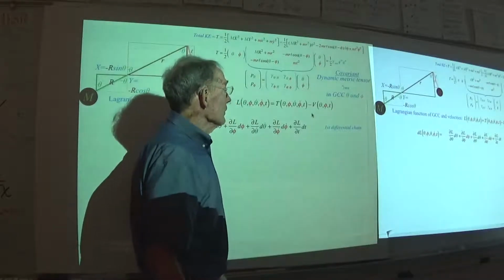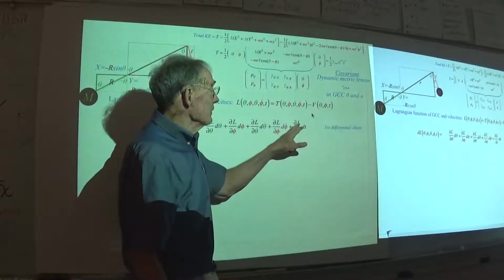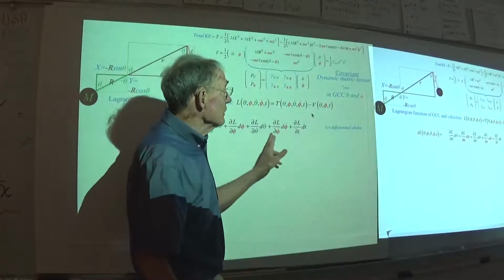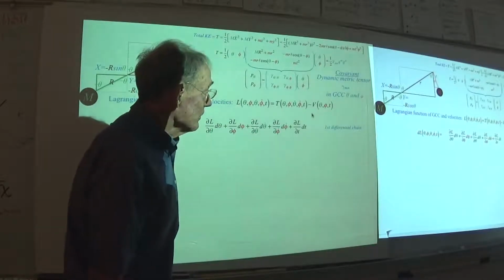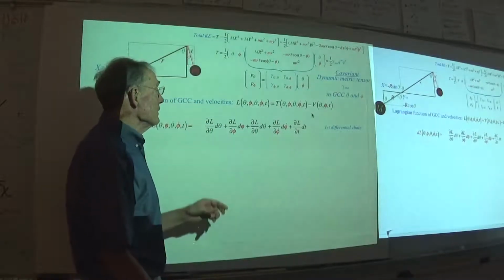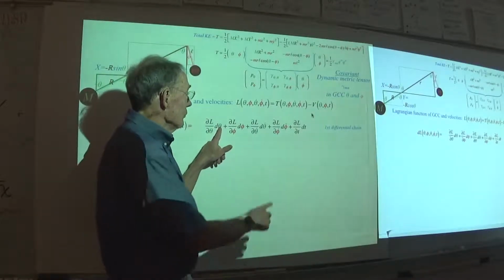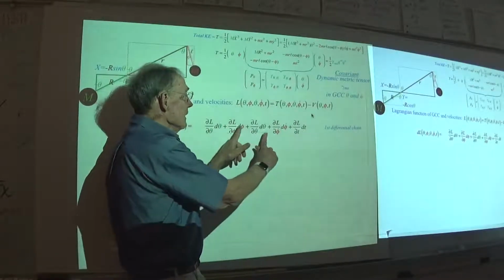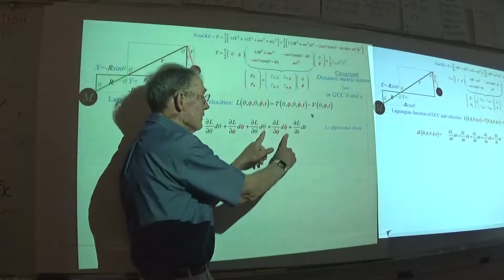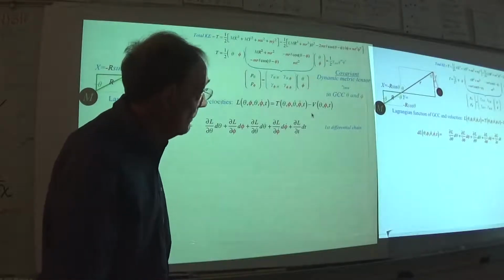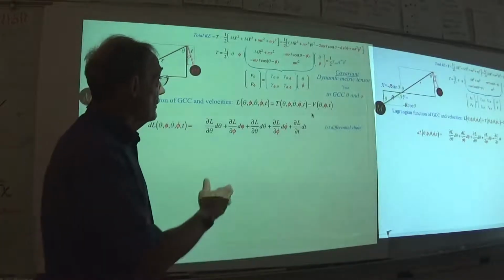That is, the idea that we're going to mess with this thing as it goes. So this is a general case of the first differential for Lagrangian, and we have here two coordinates, and there are two velocities. So this is double polar coordinates, if you will, but the idea is to have the connectivity.